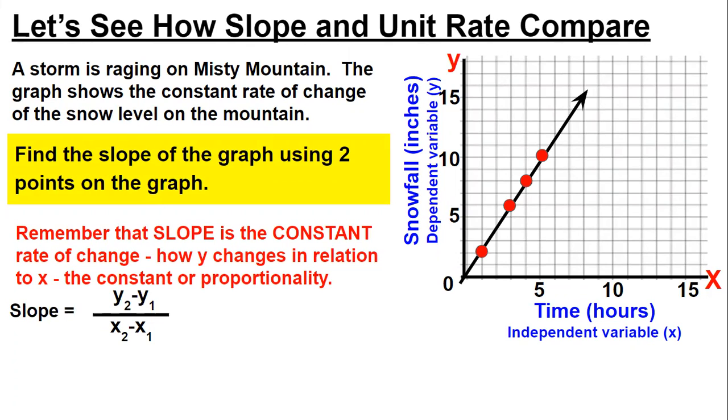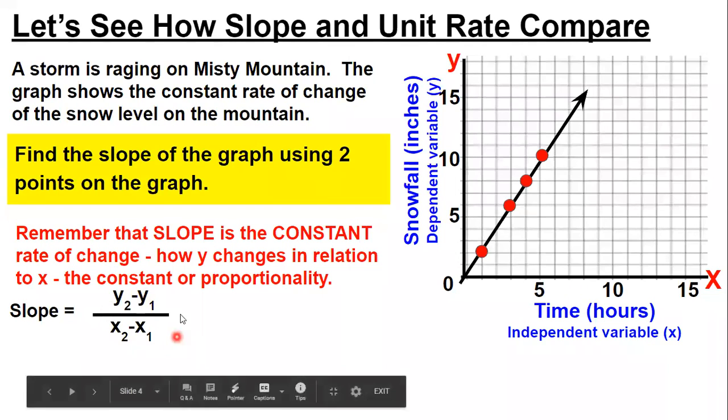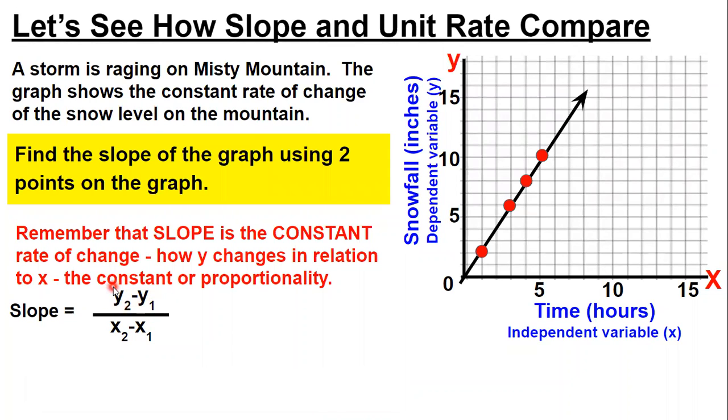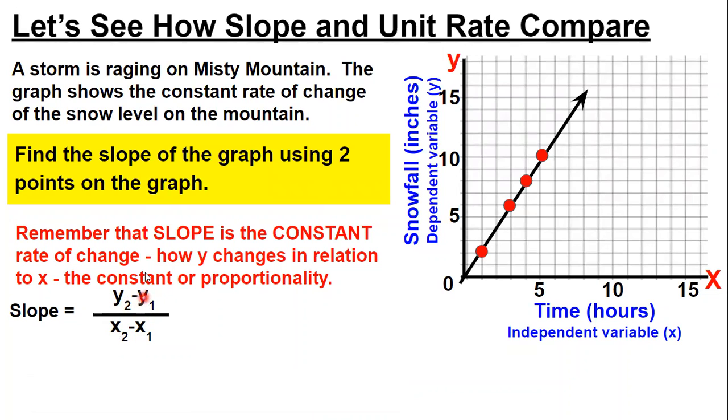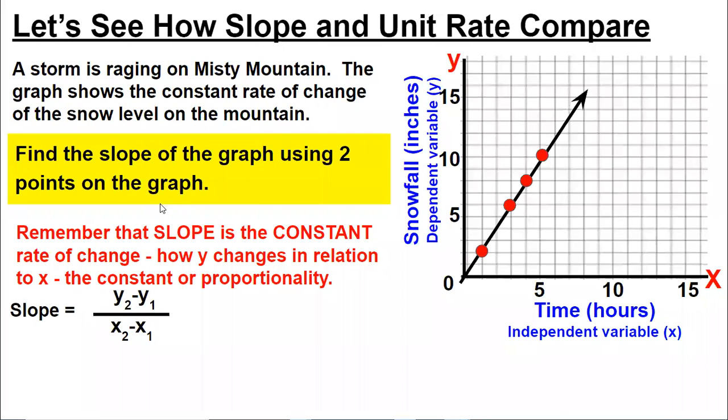Slope is equal to y2 minus y1 over x2 minus x1. Notice that y2 can be selected as any one of the points, and y1 can be the other point. Doesn't matter which one you select as y1 and y2, as long as you keep the x2 below the y2 and the x1 below the y1. It'll all become the same slope no matter what points you choose.